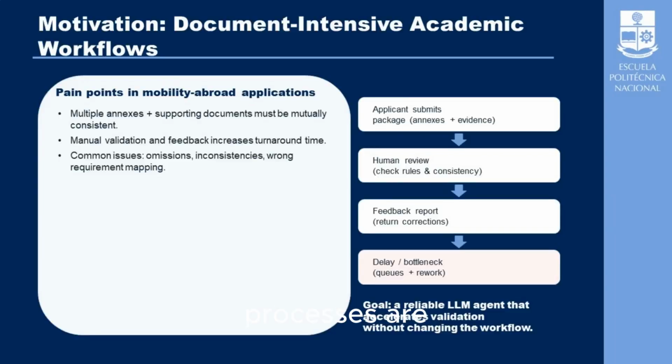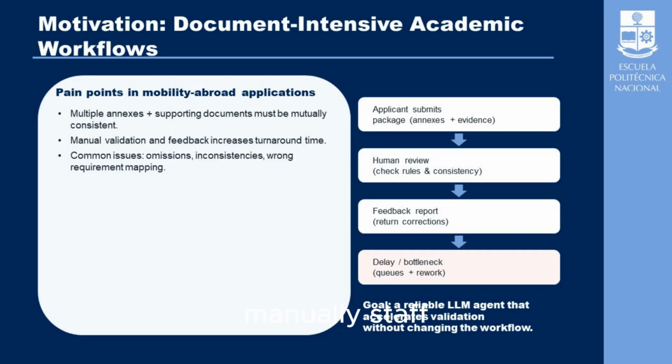Administrative processes are document-heavy and rule-bound. The case study in this paper concerns a scientific and technical mobility procedure at Escuela Politécnica Nacional in Ecuador, where each request is submitted as a package of annexes and supporting evidence. Each annex has strict formatting and signature requirements, and crucially, the information across the annexes must remain mutually consistent.